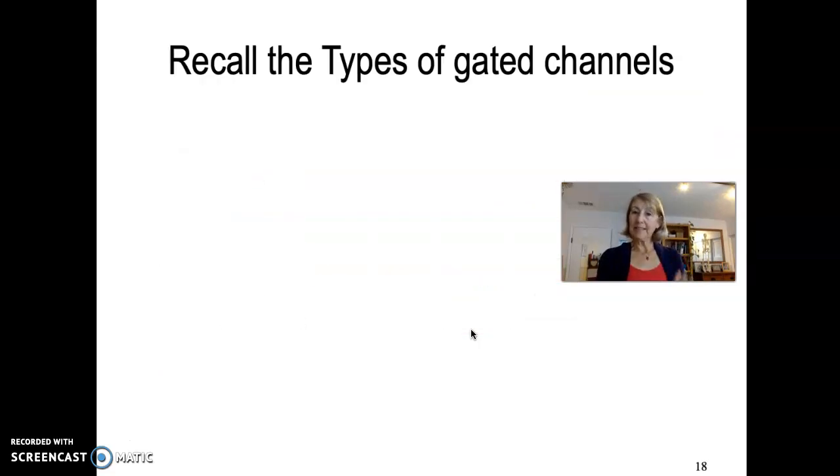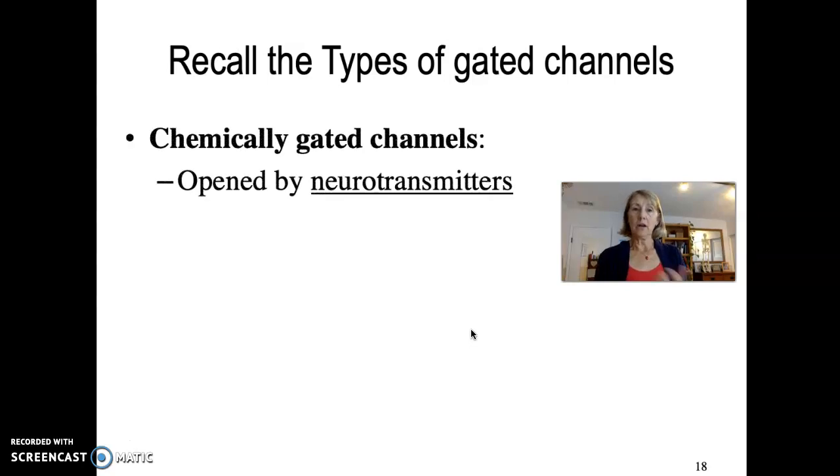The types of gated channels here are chemically gated channels, so it's a neurotransmitter that's going to open the sodium and open the potassium. That tends to happen on that receiving cell, the postsynaptic cell. When that neurotransmitter arrives, it's going to receive that signal.